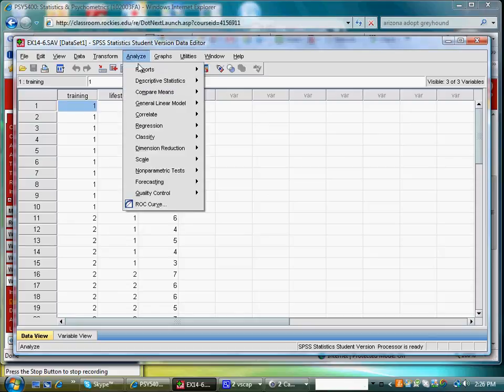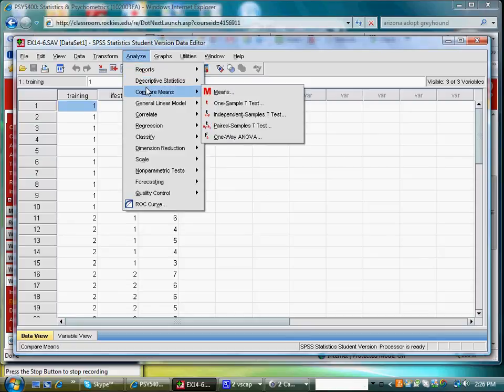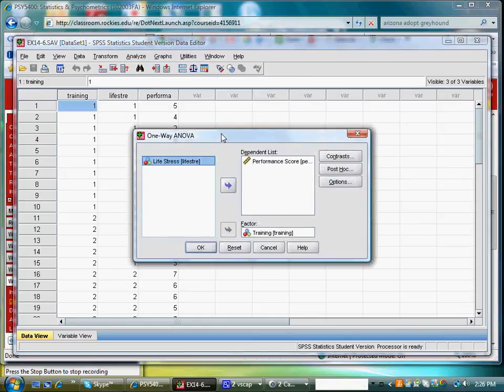So we go to Analyze, and we're comparing means. We're comparing the means of those 3 groups, down to one-way ANOVA. We've got our performance score as our dependent variable, and our factor is training. Now, if you've read the instructor guidance, we want to look at something called a Tukey post hoc test.